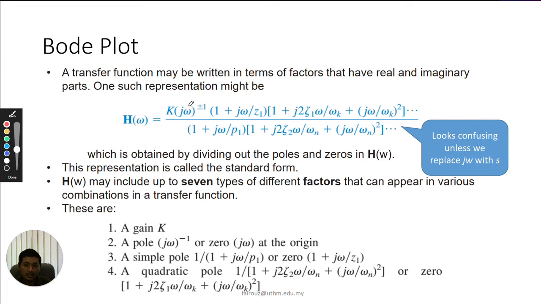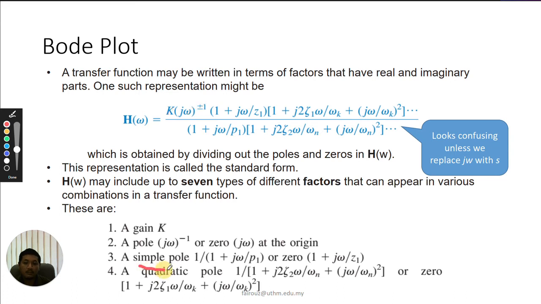Basically, if s is at the top, then it is called 0, but if s is at the bottom, it is called pole. Because s to the power of minus 1 is equal to 1 over s. So if s is at the bottom, it is called pole. S at the top, it is called 0. So there we have 3 factors, 1, 2 and 3.